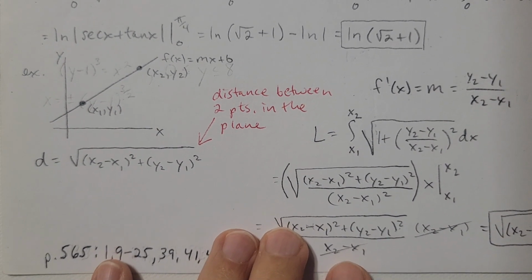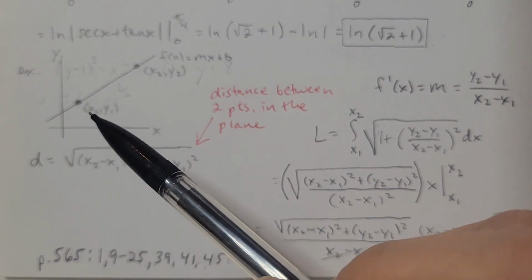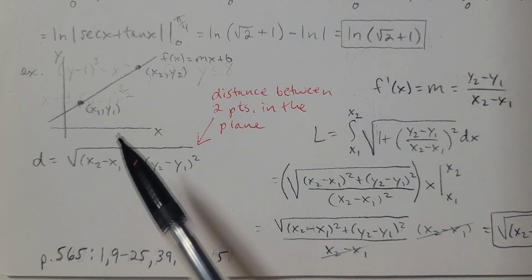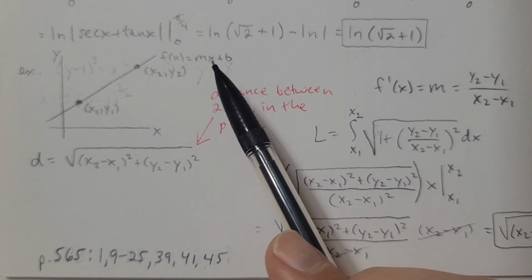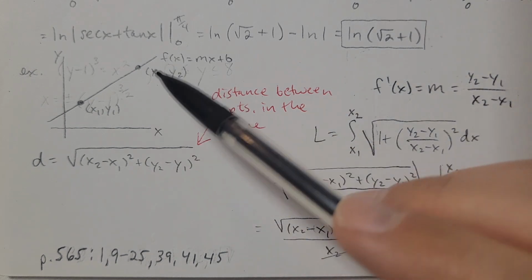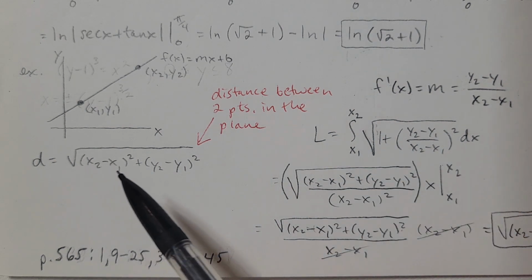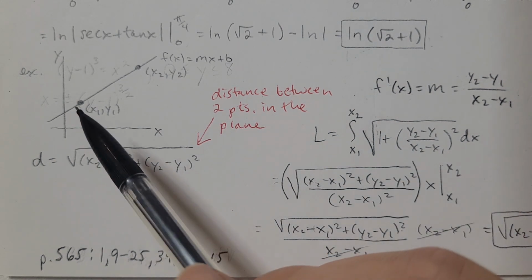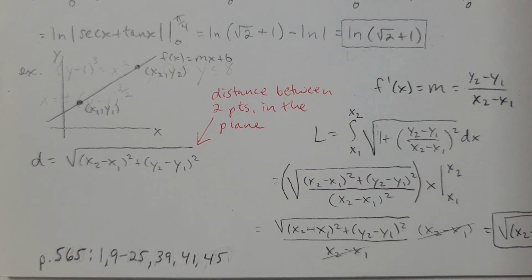Just to show you another example, suppose I have a line going from x1, y1 to x2, y2. So you have y equals mx plus b. If I want to know the length of the curve from the first point to the second point, that's the same as the distance of this line from the first point to the second point, and I can use the distance formula that I'd see in an algebra class to get that.